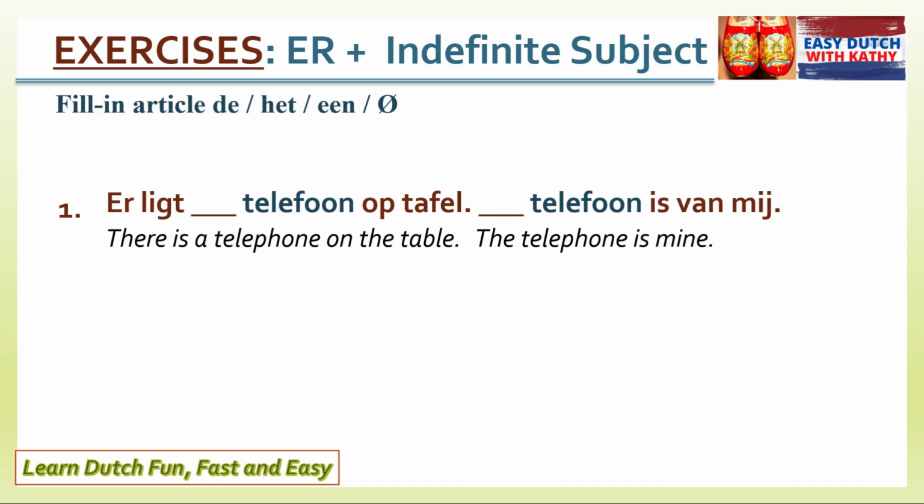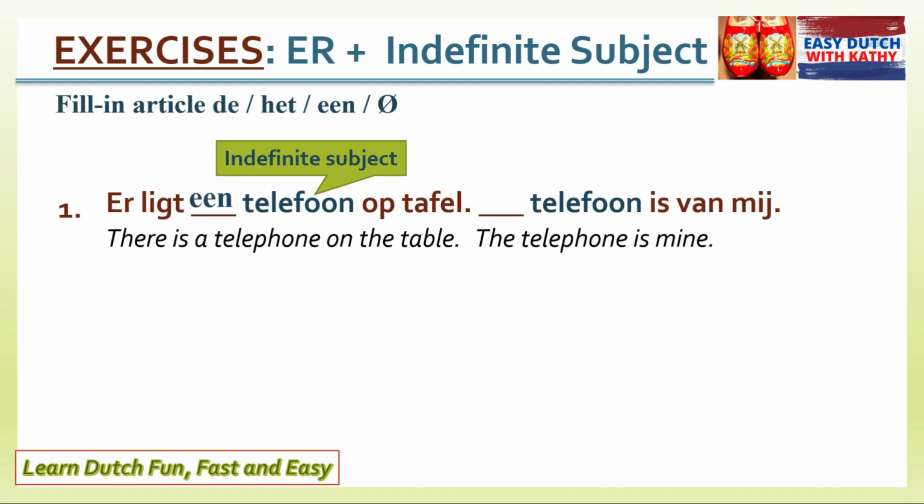So the first noun, telephone, is an indefinite subject because it is mentioned for the first time and also mentioned in general. So we have here in singular "een": Er ligt een telefoon op tafel.